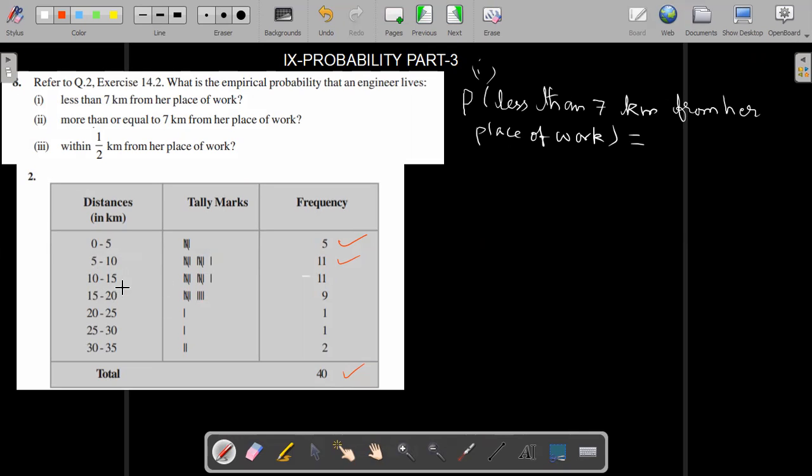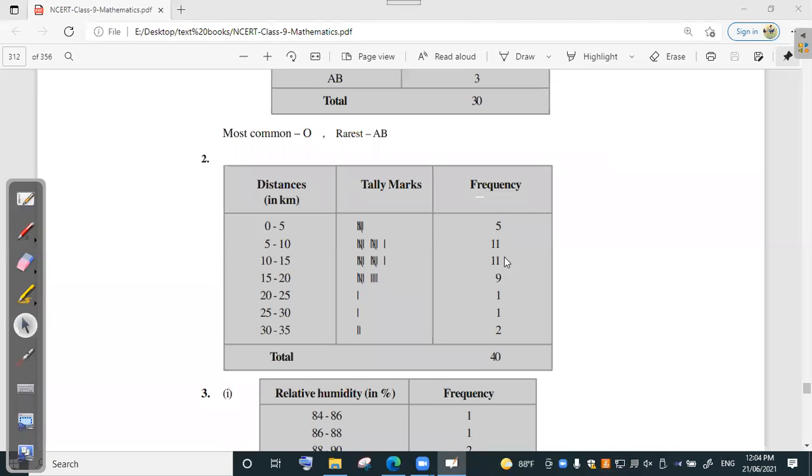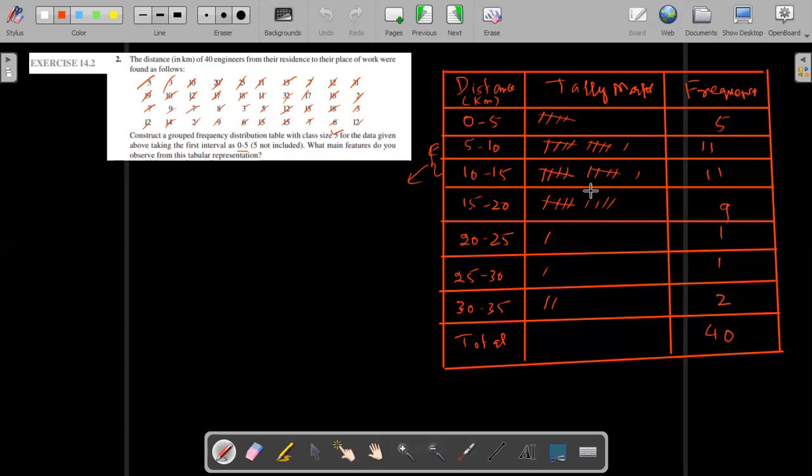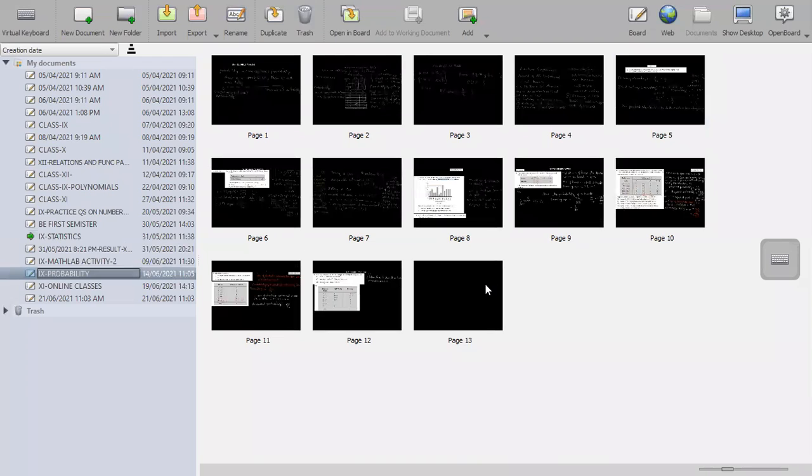Here it is given 0 to 5, 5 to 10. But we cannot find less than 7 from this table. This data is based on 0 to 5 and 5 to 10, so we cannot take this one. We have to take another data for doing this question.